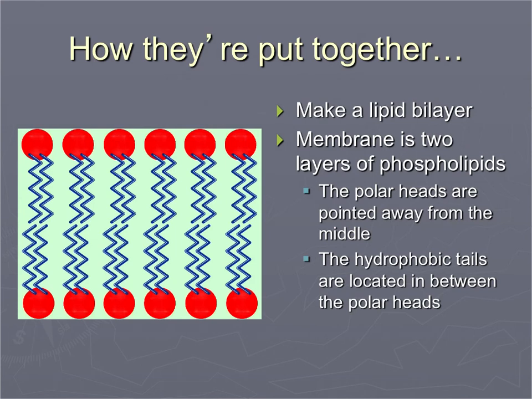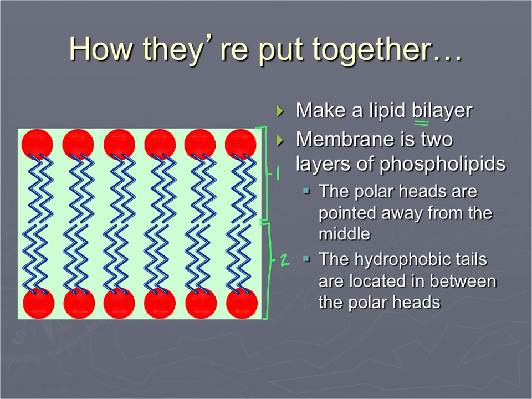When phospholipids come together to make a cell membrane, they make a lipid bilayer. The prefix bi means two, which means that this has two layers that make up the cell membrane. So you can see here's one layer of phospholipids, and then there's a second layer of phospholipids here. Those two layers together make up the phospholipid bilayer.